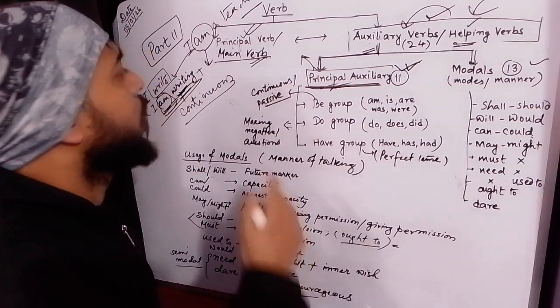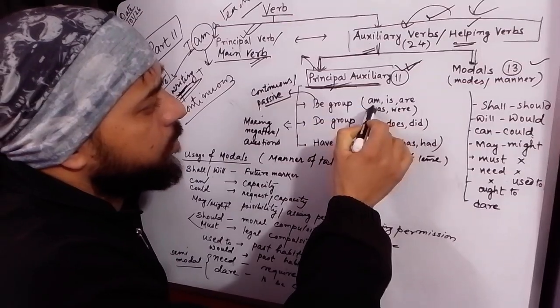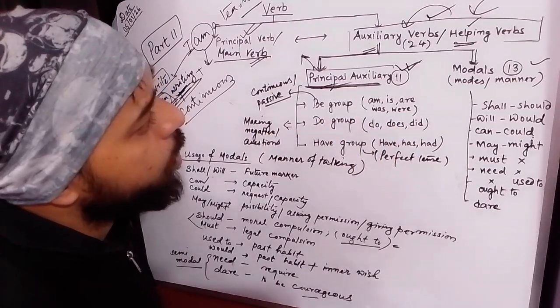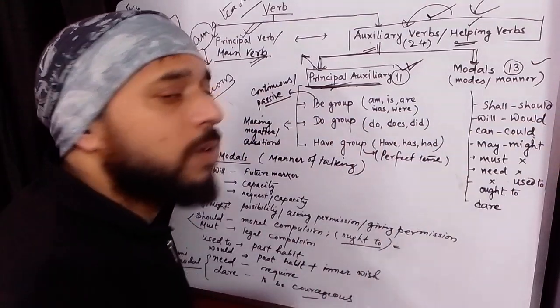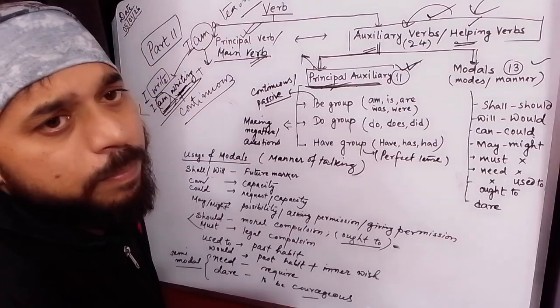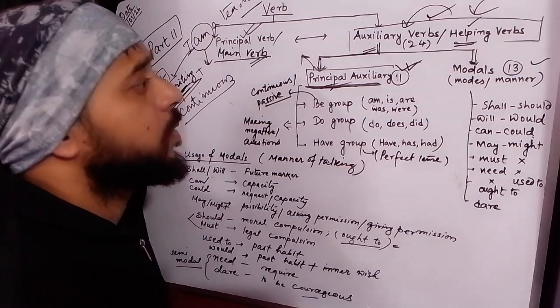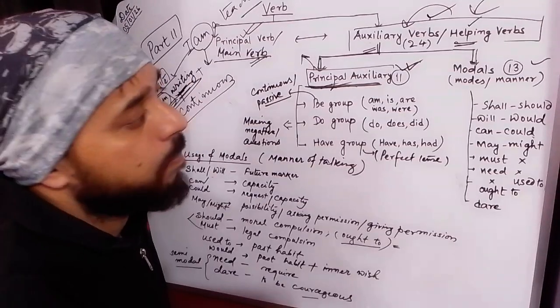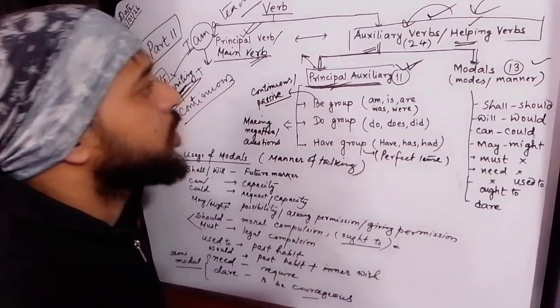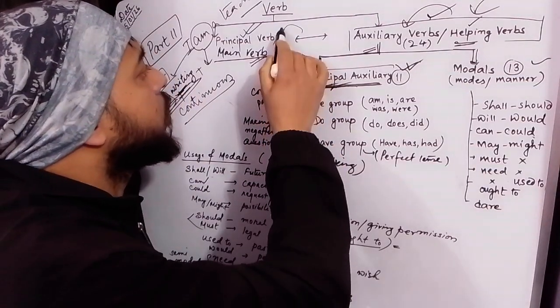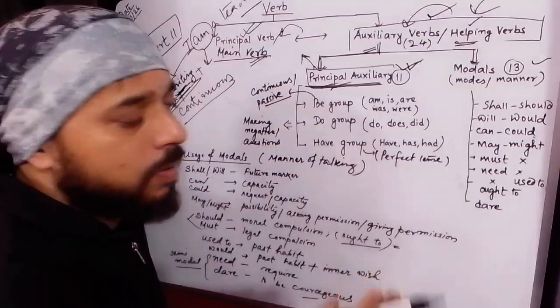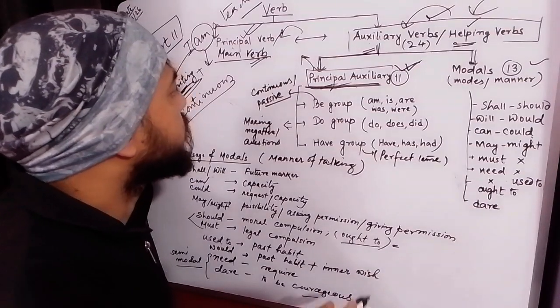That's why am comes under principal auxiliary. But in case of modals, they can't play the role of principal verb. They are always supporting verbs to the principal verbs to make whatever grammatical aspects.